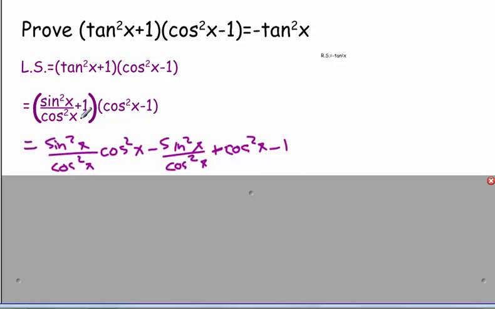The reason it seemed like a reasonable thing to do was that my first expression here, maybe the ugliest of the terms, is sine squared divided by cos squared. When I multiply by cos squared, I've got a multiplication and a division, so cos squared will divide out with the cos squared there.